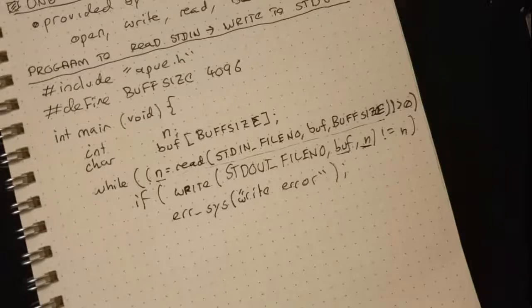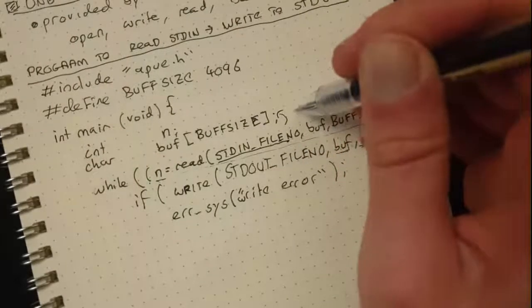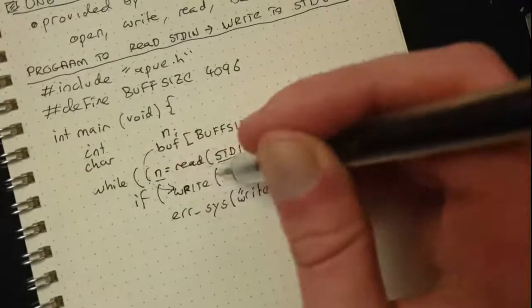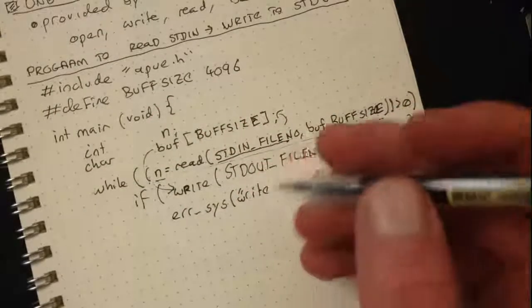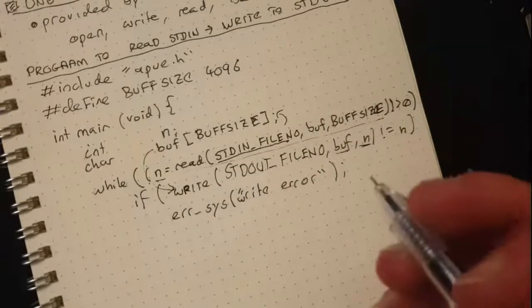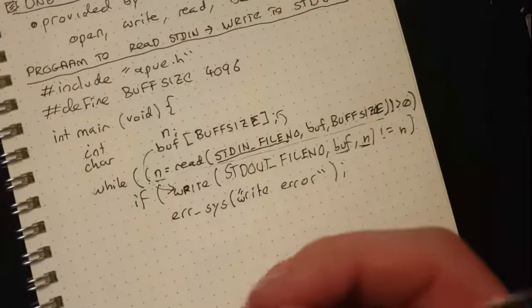So it saves the input to the buffer and then writes the buffer out to standard output. And if there's not an error, it keeps doing that until you write blank.